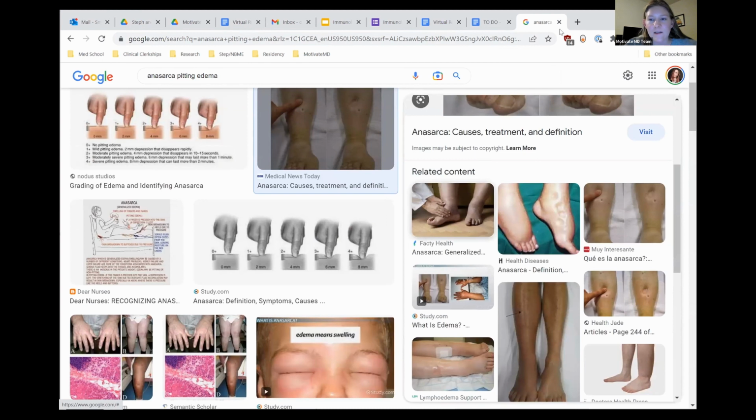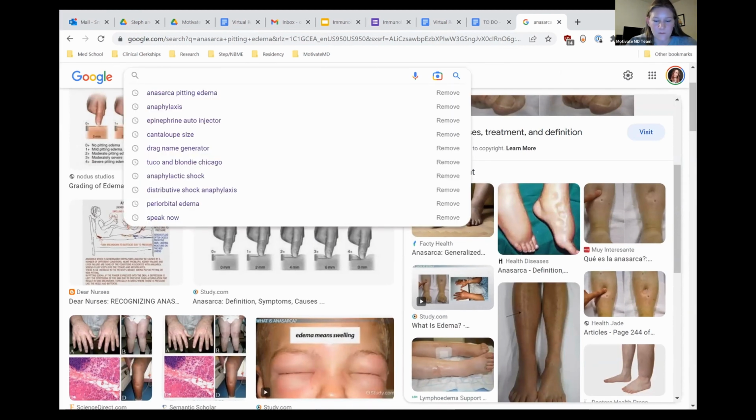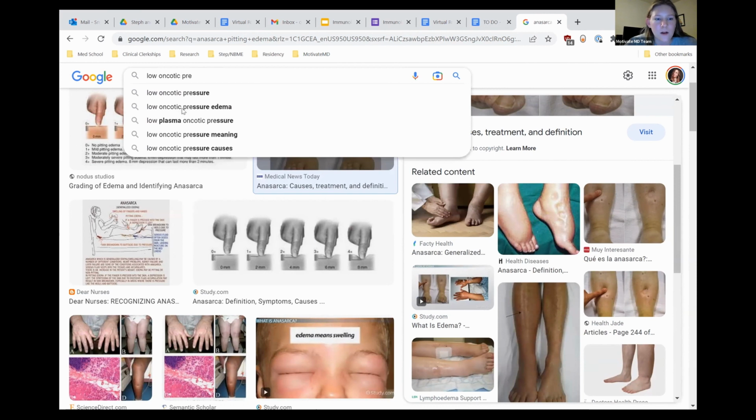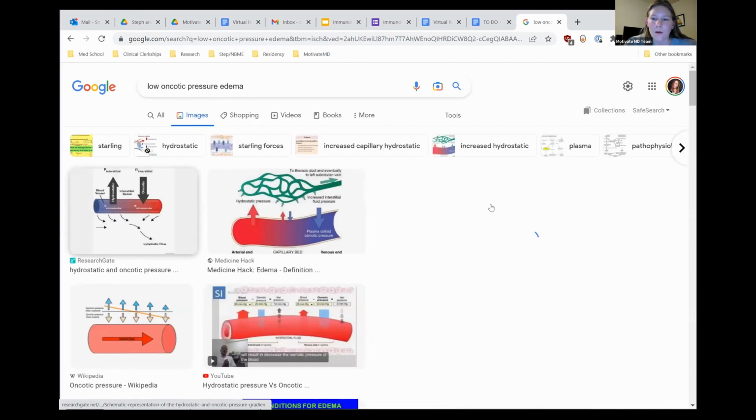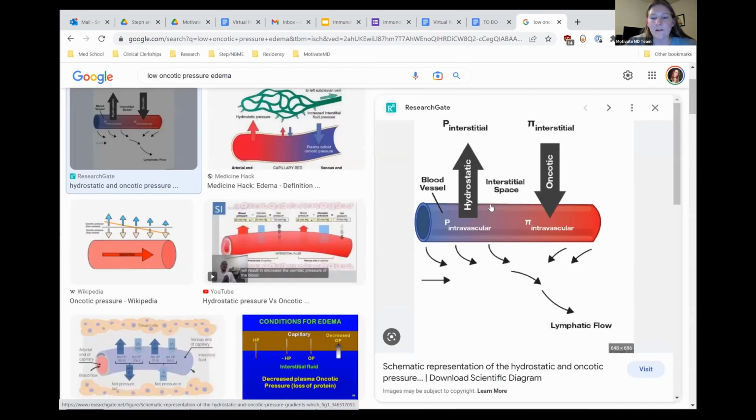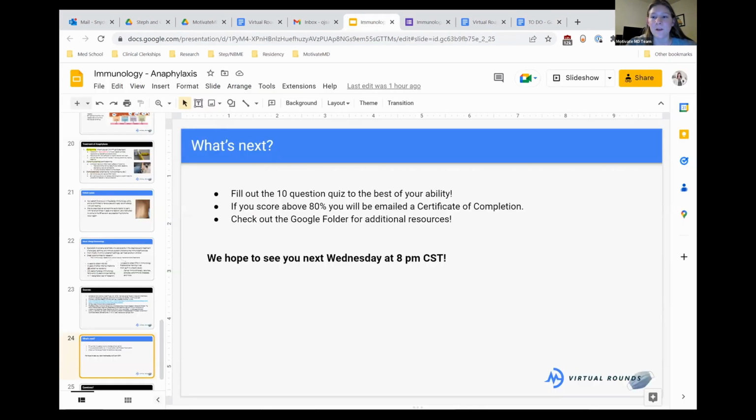And again, the cause of it is a low oncotic pressure edema, where you have a movement of fluid out of the blood vessels, out of the vasculature. So a lot of plasma fluid goes out into the interstitial space of the body.